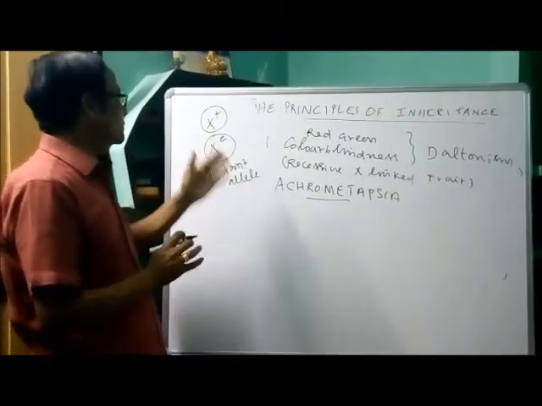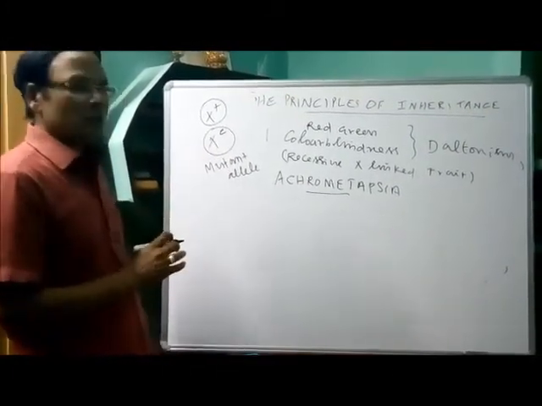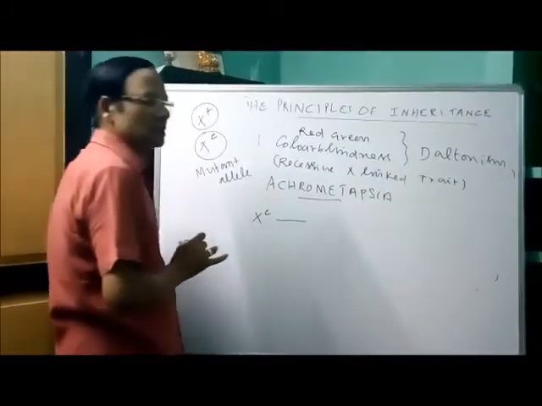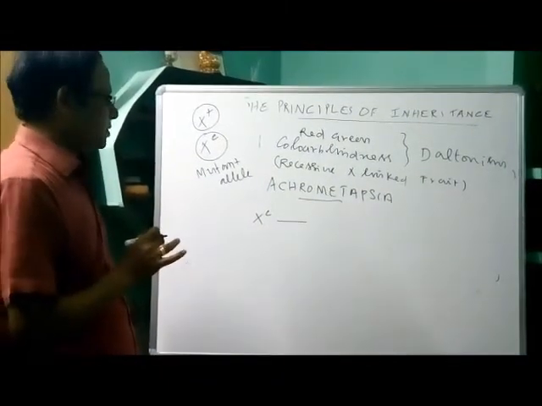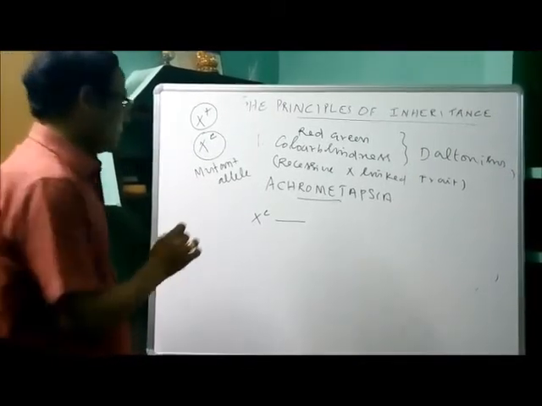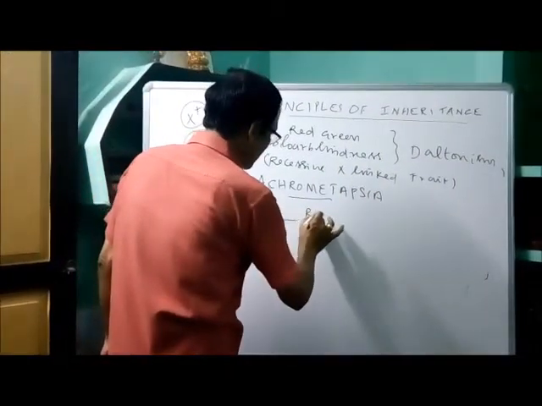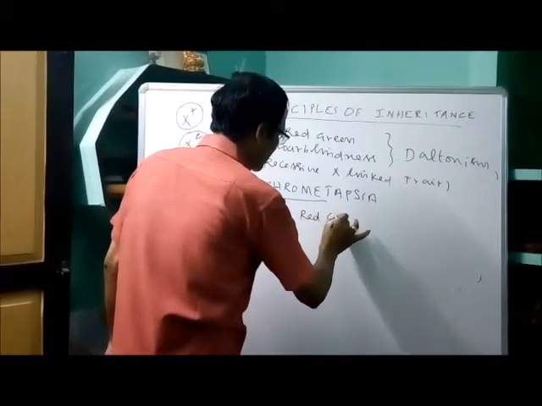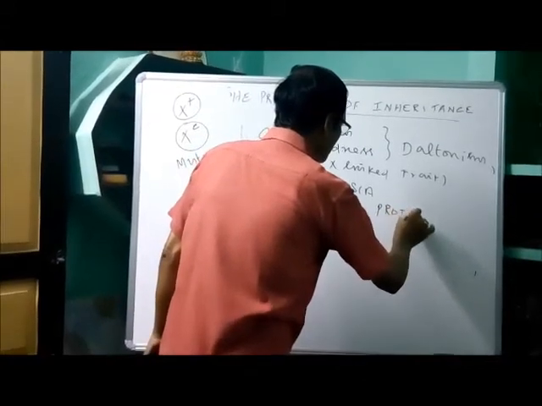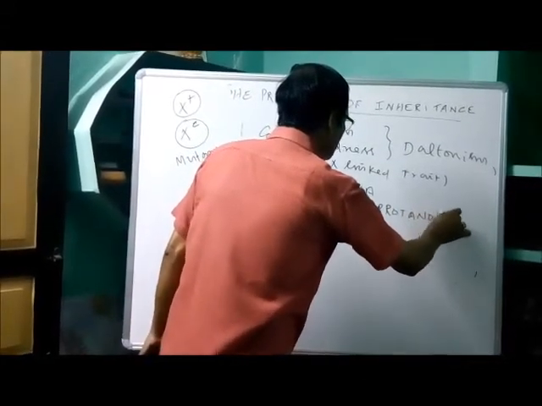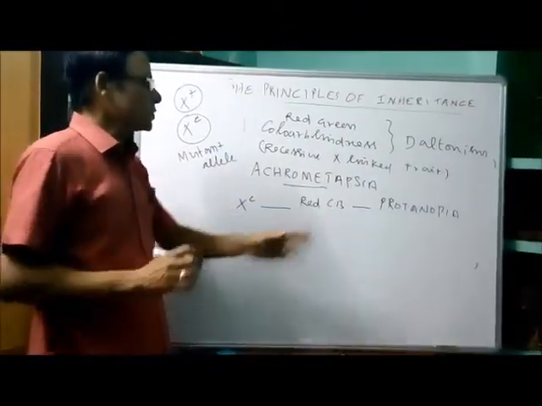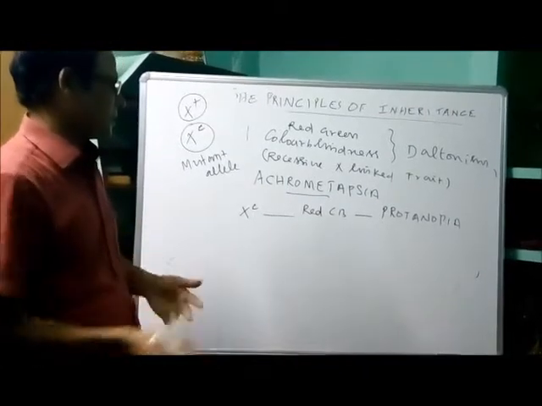But when the gene becomes mutated and we have the recessive gene, it may cause no production of either red pigment or green pigment or blue pigment. If there is no production of red pigment, it is called red color blindness, or protanopia. These people are unable to see red colors, though they can see other colors.